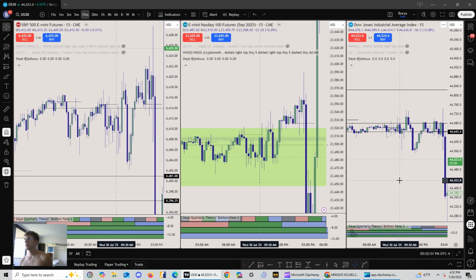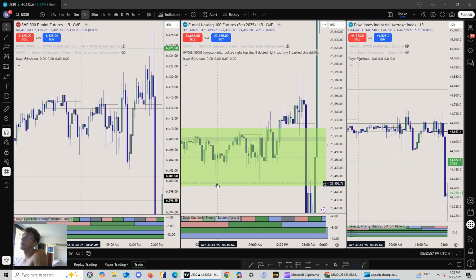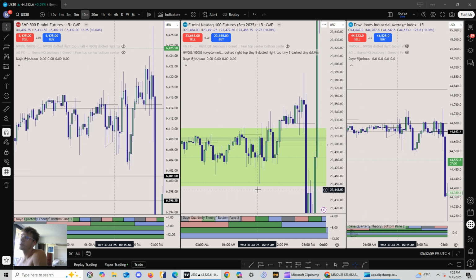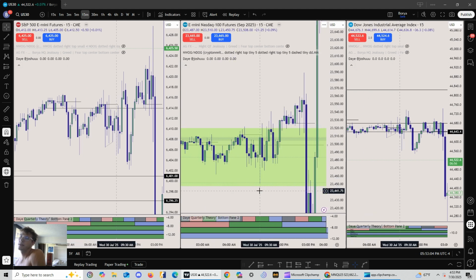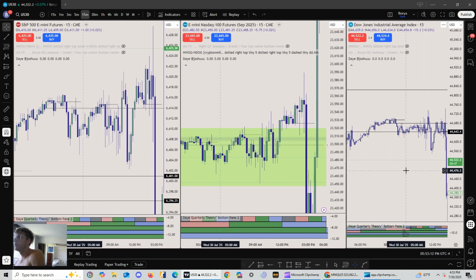9:30 itself was a PSP at the low. That created the failures. It swept the low on NQ, so there was no reason it shouldn't come back below it again. Another reason not to trade. Then it went below Q2.